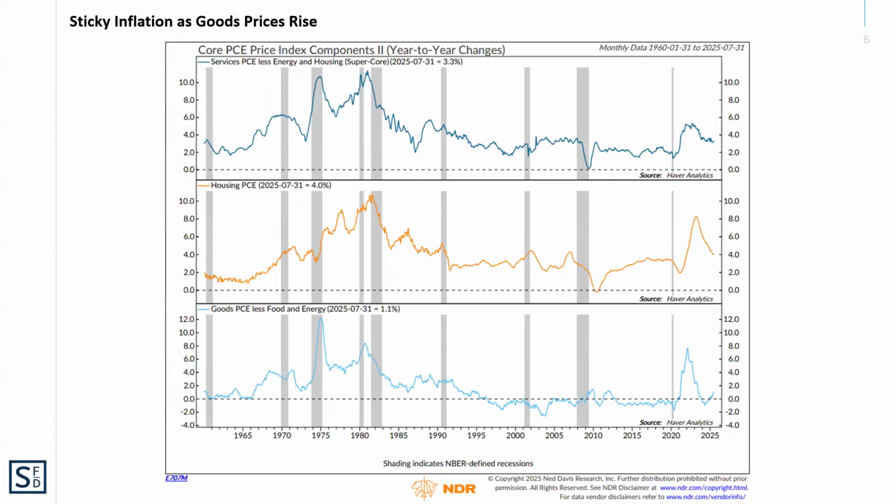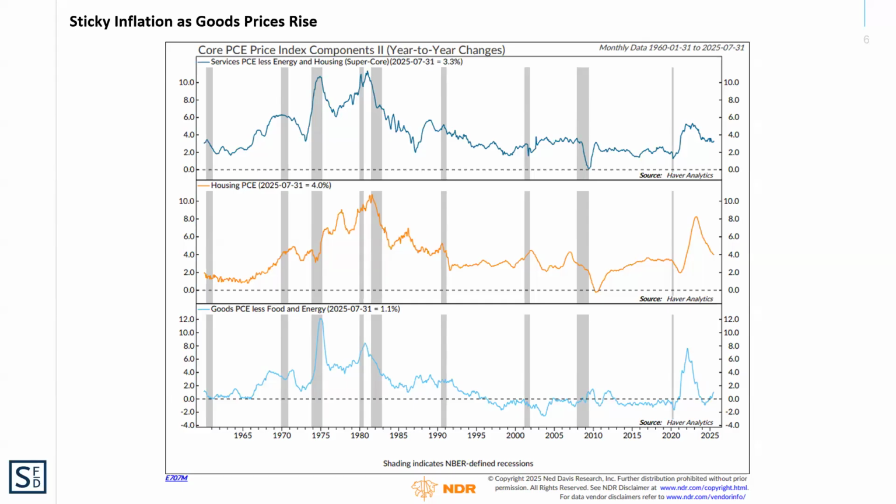Now, we also got an update on inflation last week. The Fed's favored PCE inflation and core PCE, which strips out food and energy because they tend to be volatile categories, ended up 2.9% year over year.